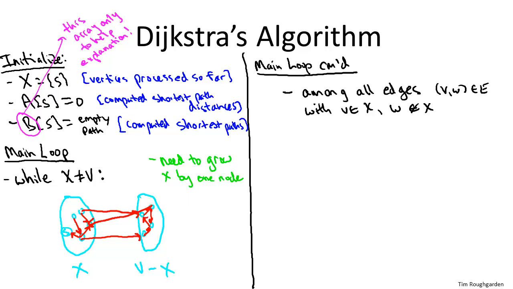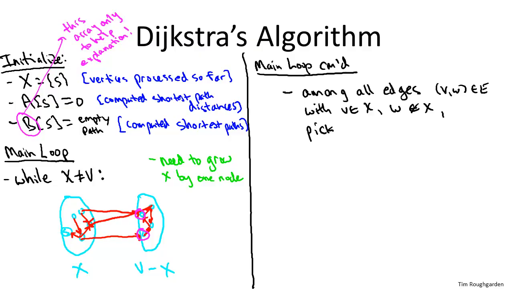So there are two options of which of those two to suck into our set X, and we might want some guidance about which one to pick next. So the key idea in Dijkstra is to give each vertex a score corresponding to how close that vertex seems to the source vertex S, and then to pick among all candidate vertices the one that has the minimum score. Let me be more precise.